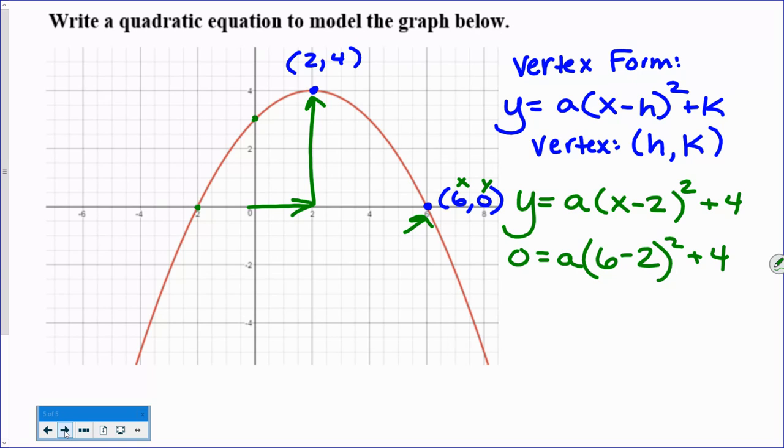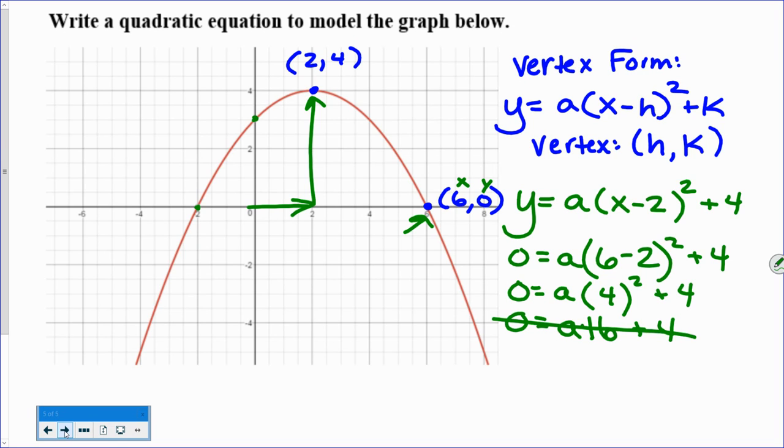Okay, so from here, I'll follow my order of operations. 6 minus 2 is 4. I will need to square the 4, and I get 16. I would not write it like this. This means a times 16.